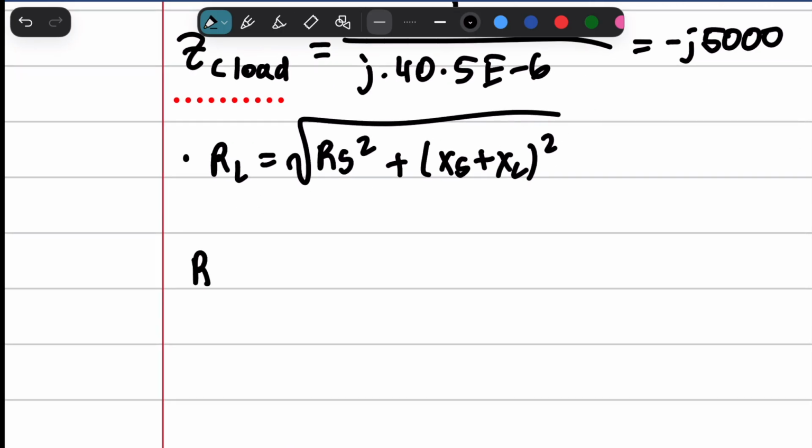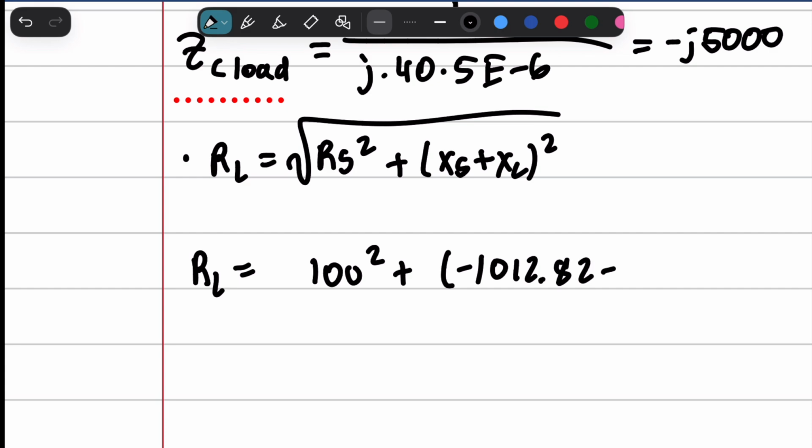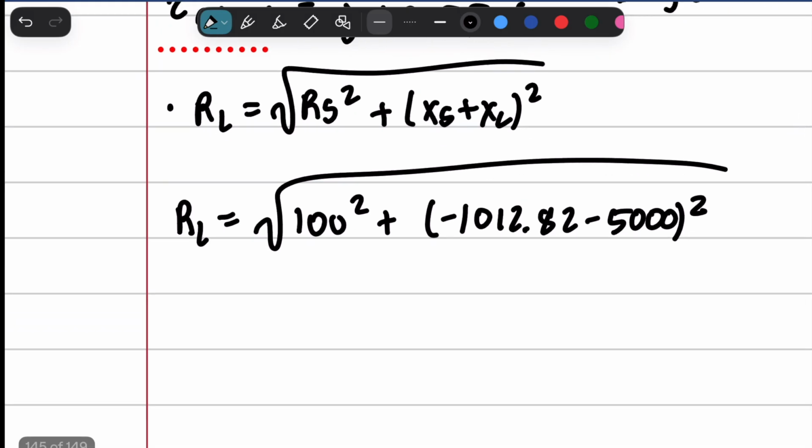And so it's just a simple plug and chug. 100 squared plus negative 1012.82 minus 5000 squared. And it appears to be, after simplifying this down, we get RL is equal to 6.095 kilo ohms.